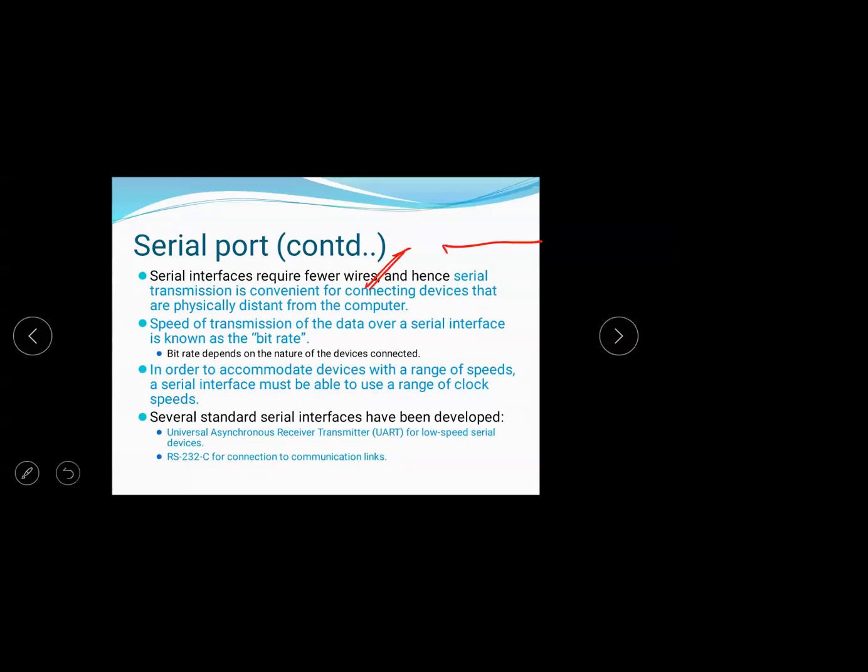Long distance now uses serial communication because a smaller number of lines is required.